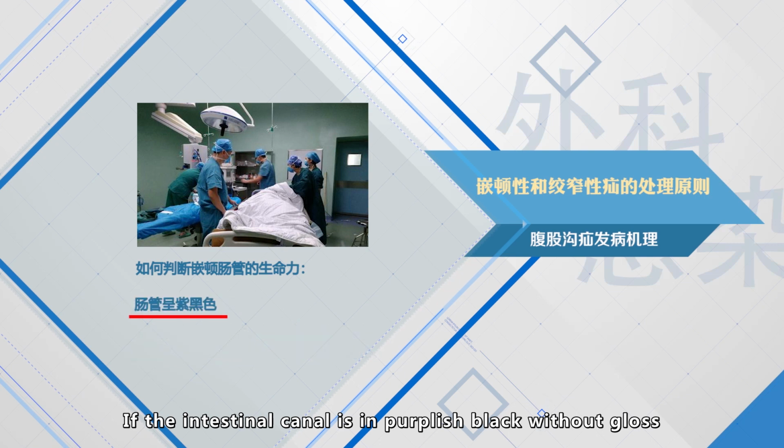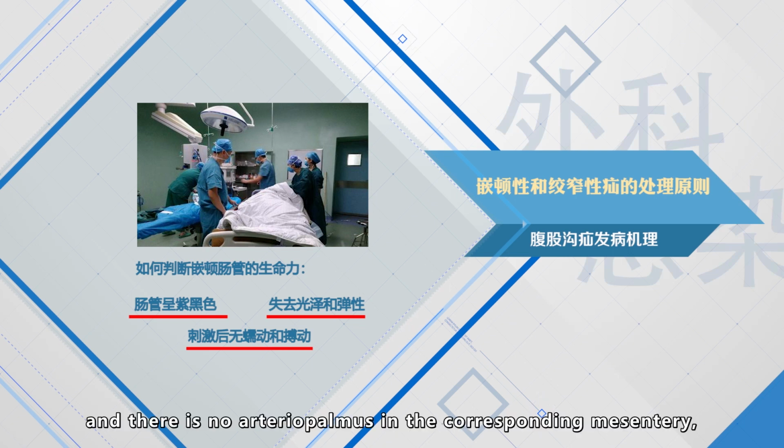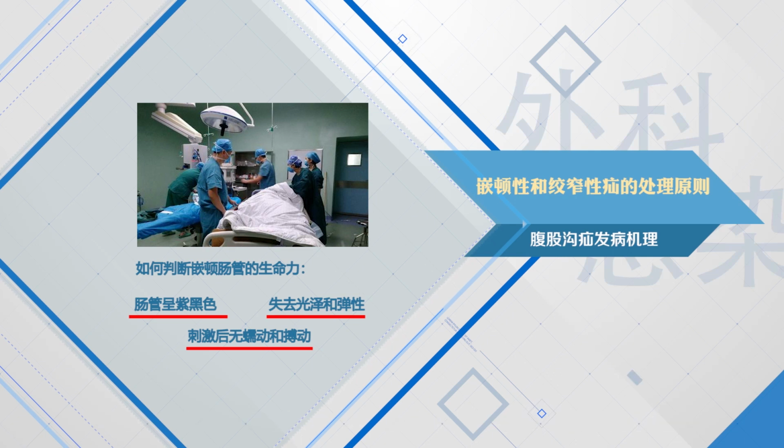If the intestinal canal is purplish black without luster and resilience and makes no peristalsis after irritation, and there is no arterial pulsation in the corresponding mesentery, it is necrosis.